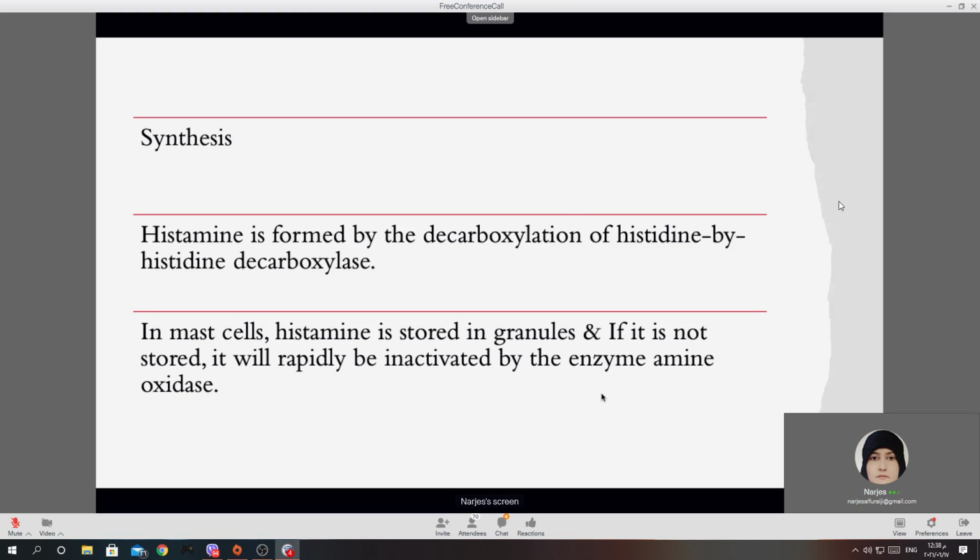Generally, histamine can be stored in granules, but if not stored, it will be inactivated rapidly by an enzyme called amine oxidase. Later on, we'll talk about this in response to allergic reactions and anaphylactic reactions.